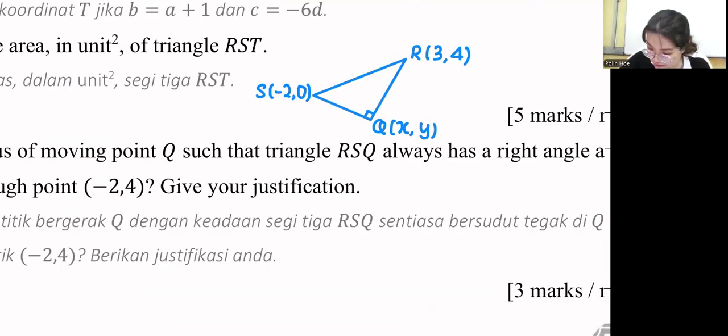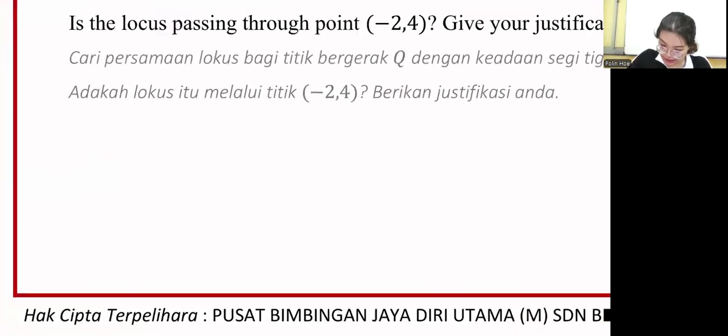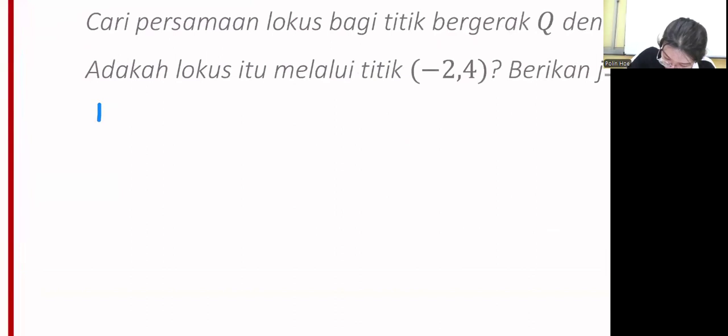Since it has a 90-degree, then I know that gradient of RQ multiplied by gradient of SQ has to be equal to negative 1. Gradient of RQ multiplied by gradient of SQ has to be equal to negative 1.